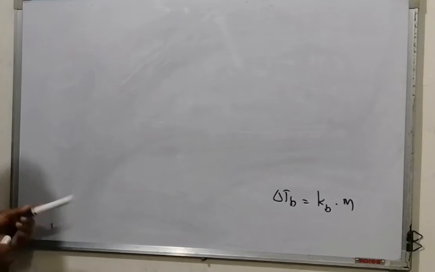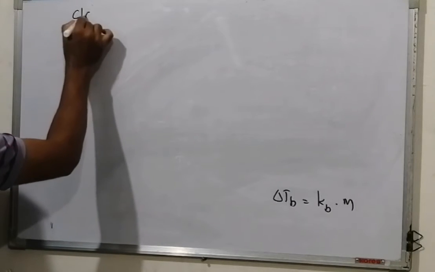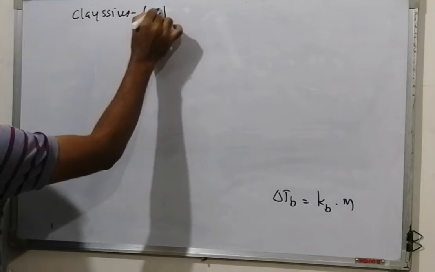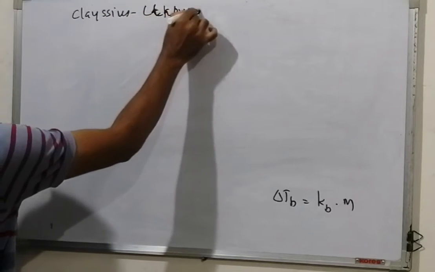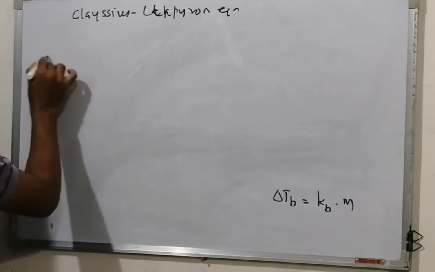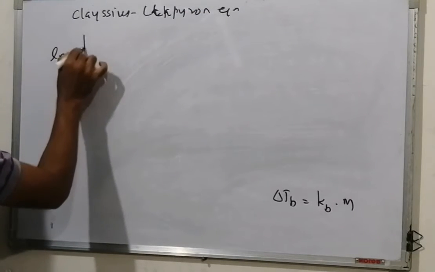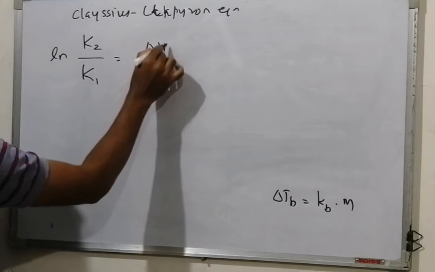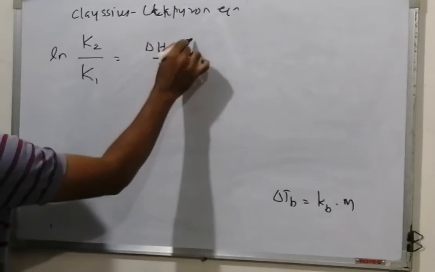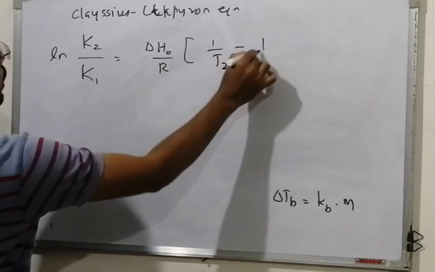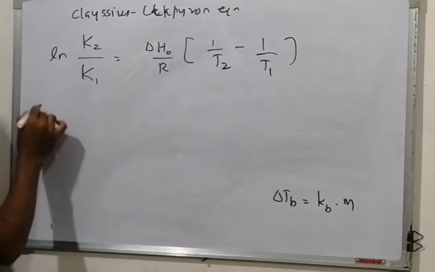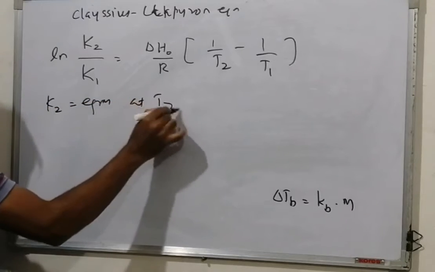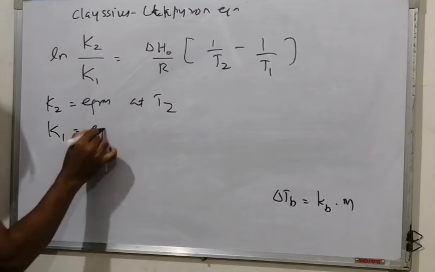That's why. In thermodynamics, we have learned the Clapeyron equation. That is ln K2 divided by K1 is equal to delta H0 by R into 1 by T2 minus 1 by T1, where K2 is the equilibrium constant at T2 and K1 is the equilibrium constant at T1.